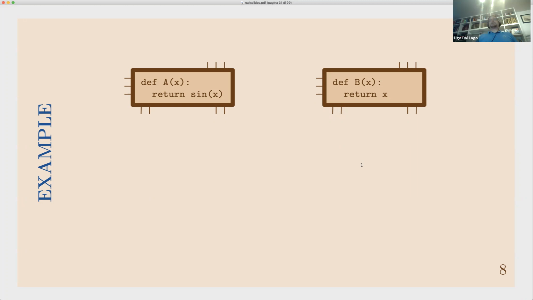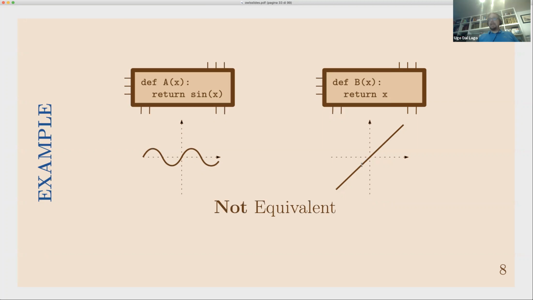For example, you can consider as your program A the sine trigonometric function, and as your program B just the identity. And as you know well, these two programs have very different interpretations in denotational semantics, for example. So they are very far from being equivalent in any reasonable sense, but they are at a small distance when you take a look at the metrics.